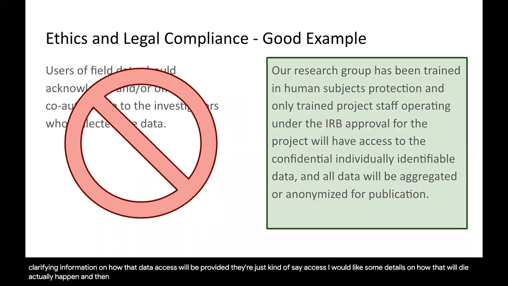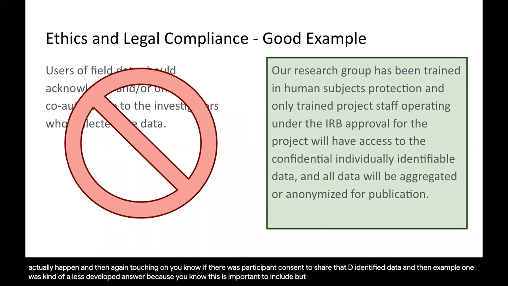And then again, touching on if there was participant consent to share that de-identified data. And then example 1 was kind of a less developed answer because, while this is important to include, the guidance on the data licensing is very unclear.